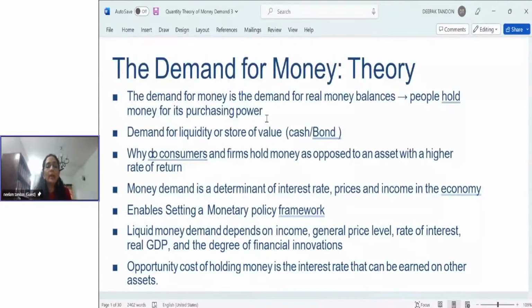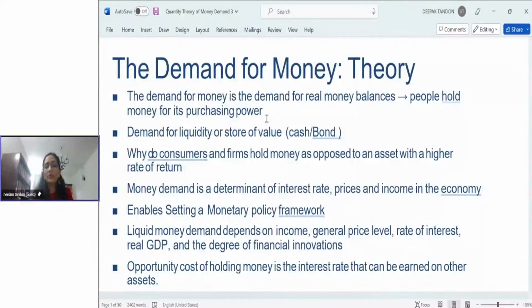Then, liquid money demand depends on what? You want to keep more and more liquid money when your economy is growing and when the degree of financial innovation goes up. So you have more innovations, and that's why you see how many transactions we are doing today because of e-wallets. You can transact in a fraction of a second and you do not think twice.